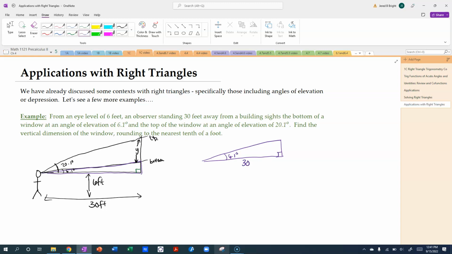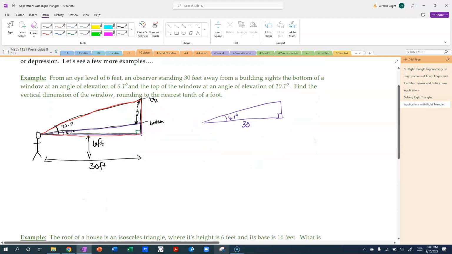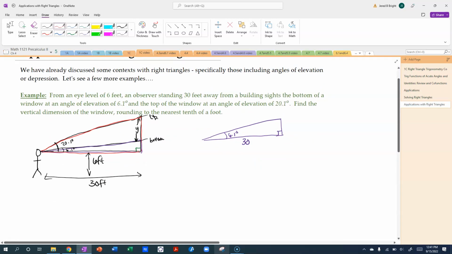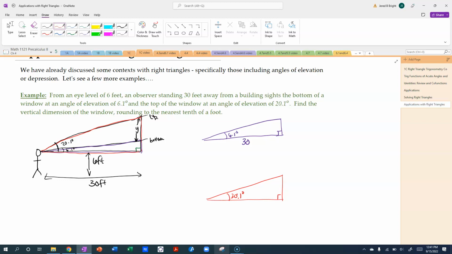Then the other one, I'll outline in red, is the big one. Expanding that out, this would be the 20.1 degrees, a right angle, and 30 feet.